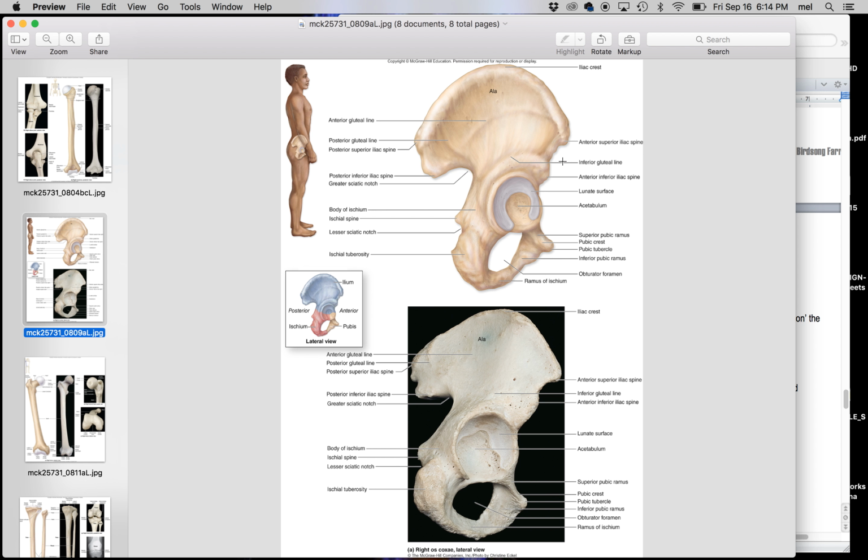So just so you know what I'm thinking, I wouldn't, for instance, expect you to be able to distinguish the ischial tuberosity. A lot of these structures kind of run into one another, and the inferior gluteal line on an image is almost impossible to see.